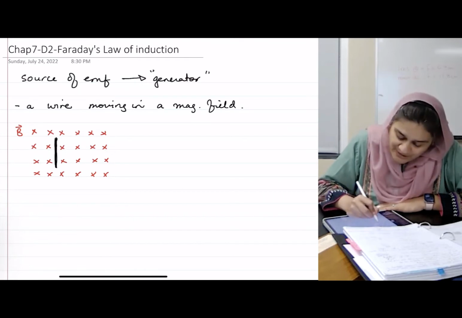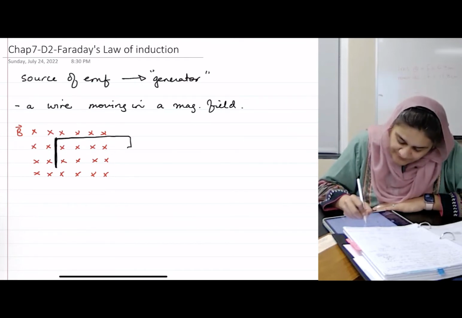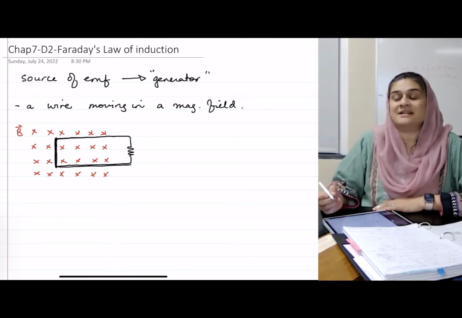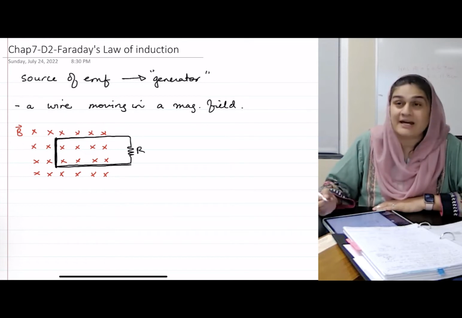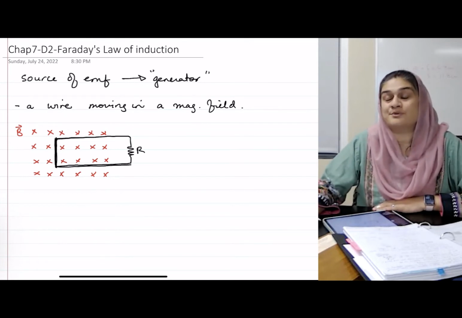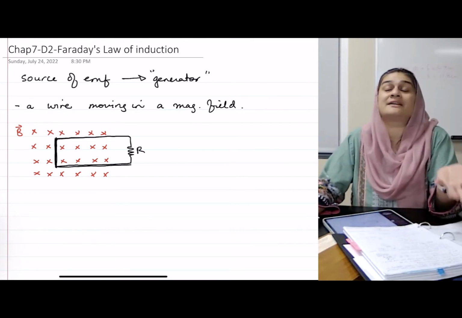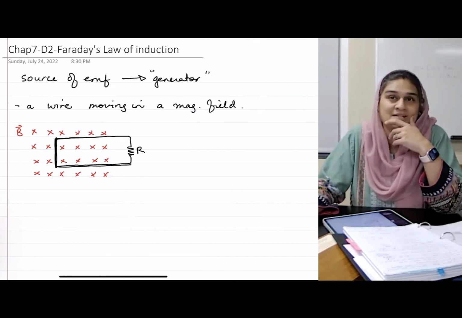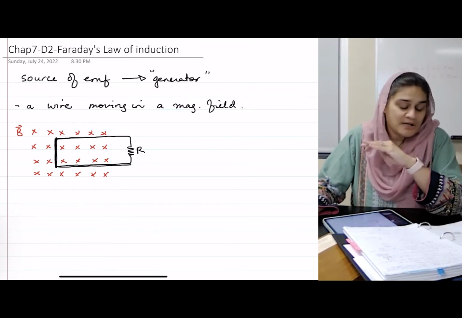I have to make it into a circuit. And then I have to see if there is a voltage that develops across R, or if there's a current that starts to flow, right? That's the only way I'll know that this is working, correct? So that's what I have set up.